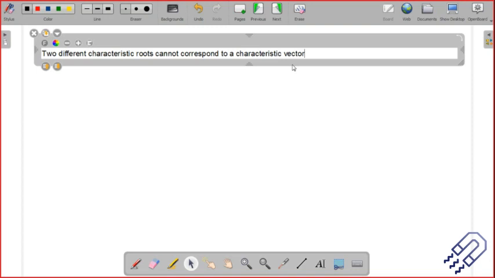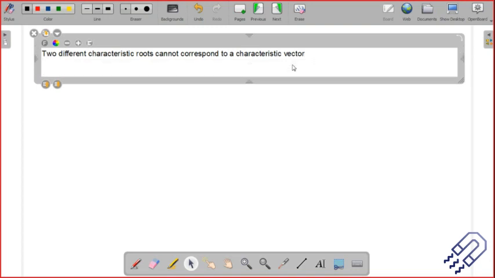I want to prove it, and it's not complicated. Let's say there is one vector x and it has two characteristic values, lambda 1 and lambda 2.